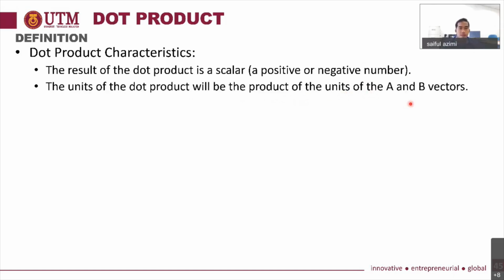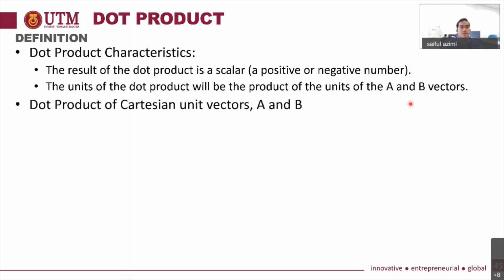If your vector is a position vector, the unit for your dot product is meter. So you must know that the result of your dot product consists of a scalar, which is a number, and also a unit, which depends on the vector itself. Next is the dot product of Cartesian unit vectors A and B.